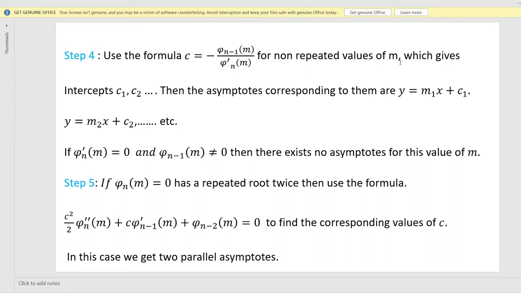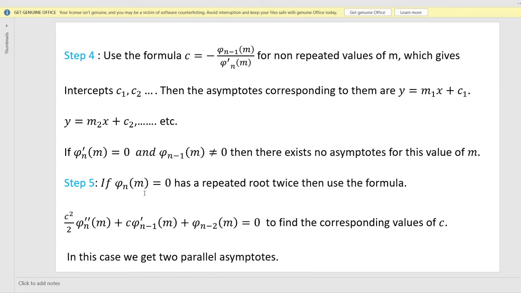This gives the intercepts c1, c2 and so on. Then the asymptotes are y is equal to m1x plus c1 and y is equal to m2x plus c2, and so on. If phi n dash of m is equal to 0 and phi n minus 1 of m is not equal to 0, then there is no asymptote for this value of m.